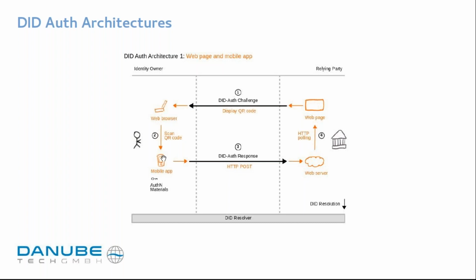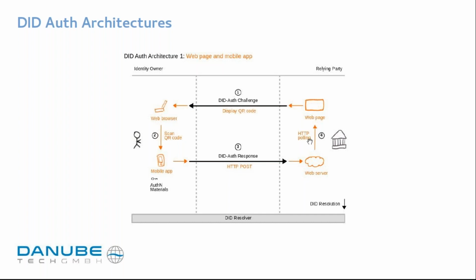So with your mobile app, you can scan the QR code on the website, which you're viewing in your browser on your laptop. The mobile app can construct a response, a cryptographic response to the challenge, and then post it back to the relying party's web server, and the relying party's web page, which you are viewing on your laptop, could be polling their own backend.